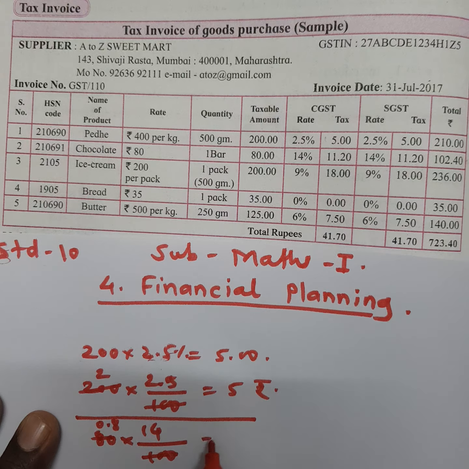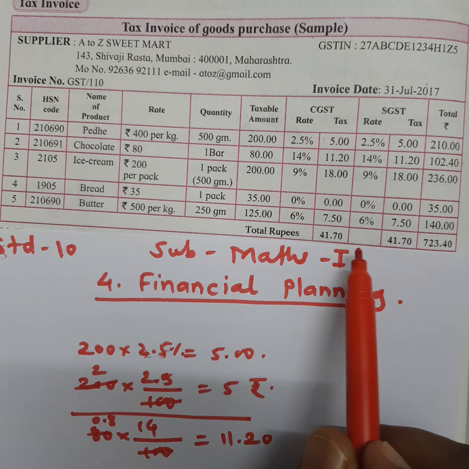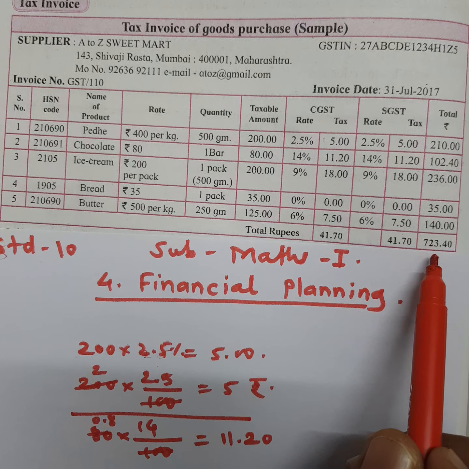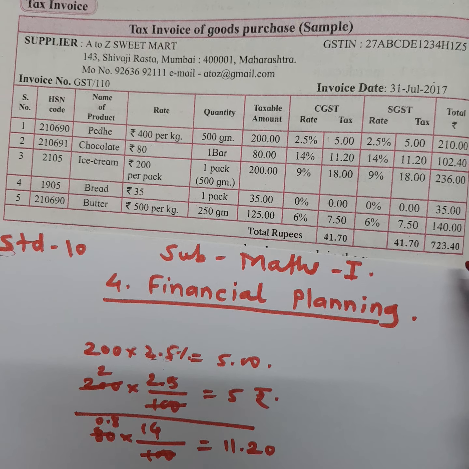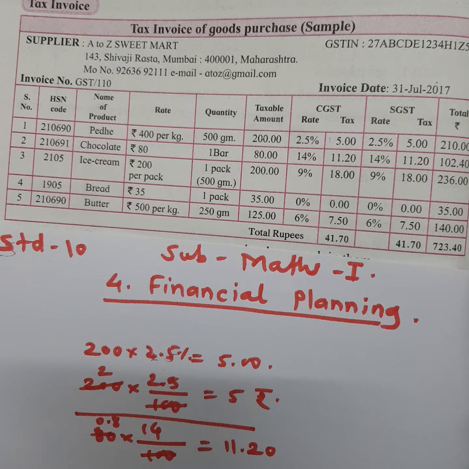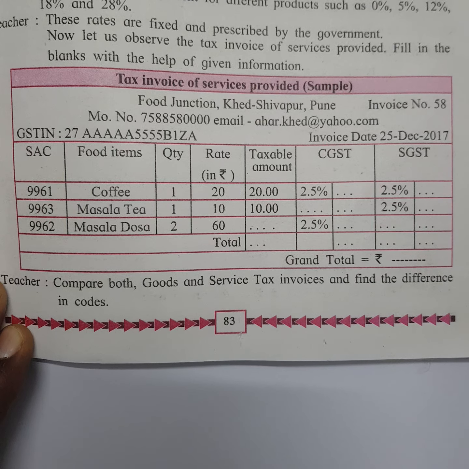If we see in the invoice, there is 41.70 CGST, that is central GST, and state GST of equal amount, 41.70. Then the total amount comes to 723.40 rupees, meaning the customer has to pay 723.40 rupees to the firm or dealer. This was the tax invoice for goods purchase.